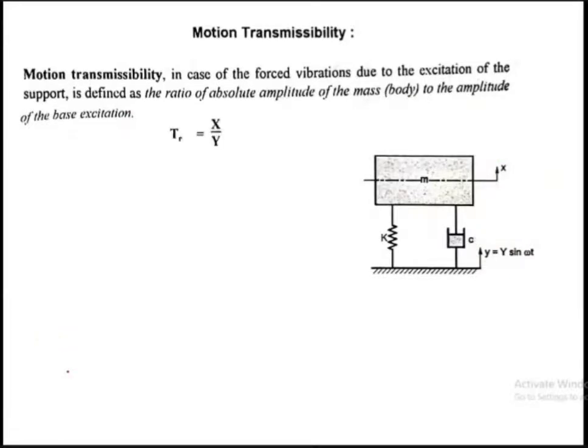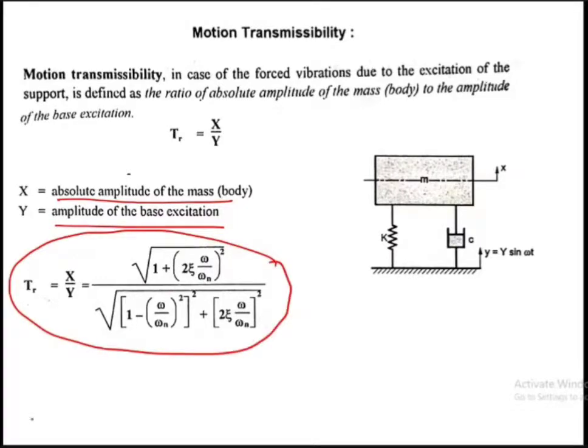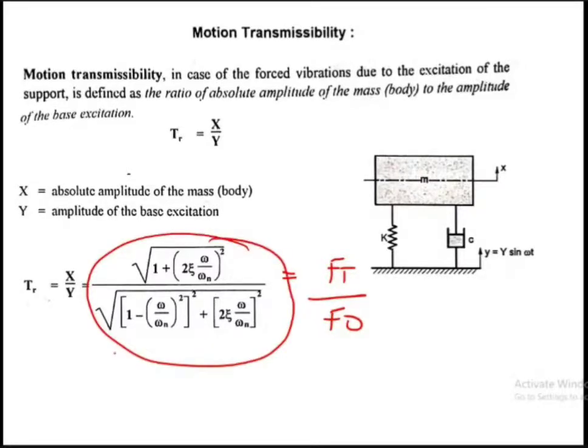So TR, the motion transmissibility, is equal to x upon y, where x is the absolute amplitude of the mass and y is the amplitude of the base excitation. So TR is equal to x upon y is equal to so and so. This TR is also equal to the force transmissibility, that is FT upon F0. So in both cases, whenever you give harmonic excitation to the base, you are generating two things: one is the absolute amplitude and the second is the relative amplitude.